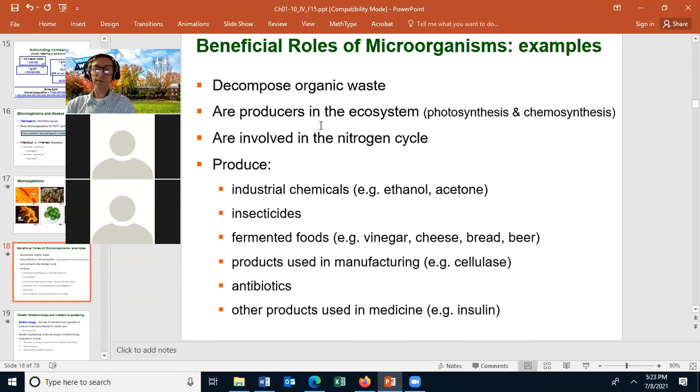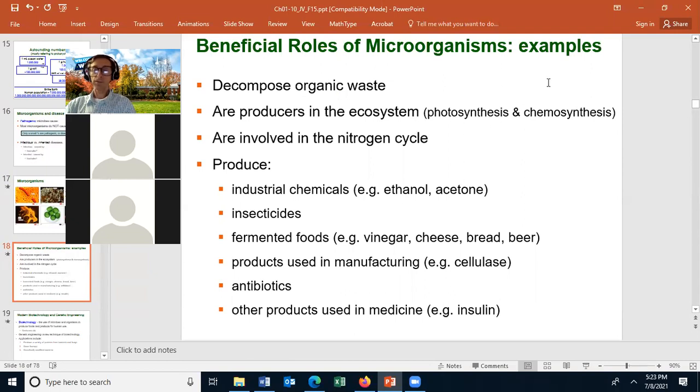Microorganisms are producers in the ecosystem. Recall from your earlier class that a producer is one that makes its own food from carbon dioxide, and that can be in photosynthesis, turning light energy into chemical energy of sugar, or from chemosynthesis, taking the energy in a chemical and then using that energy to build up sugar.